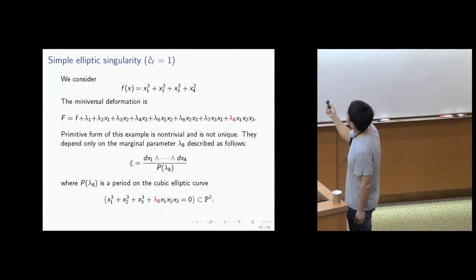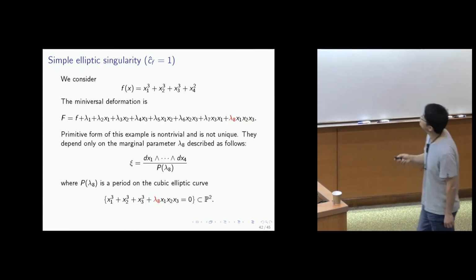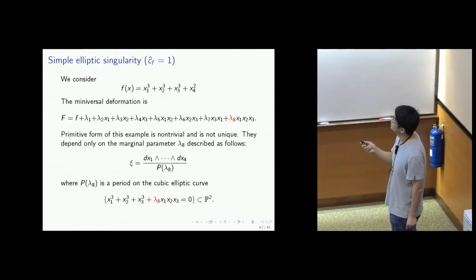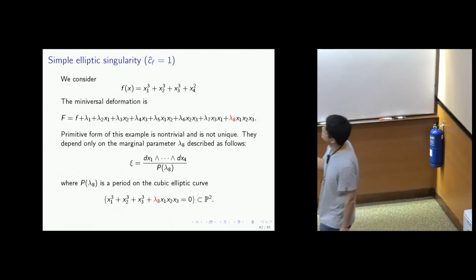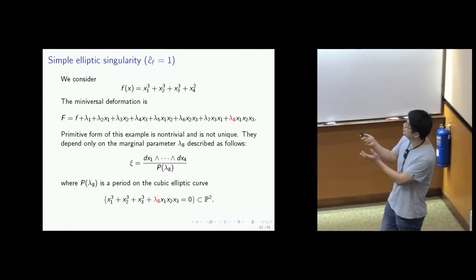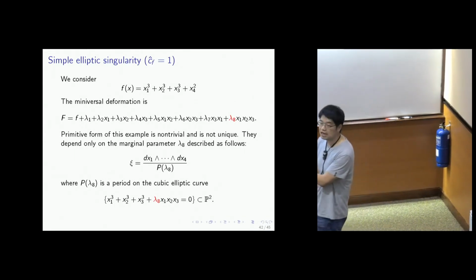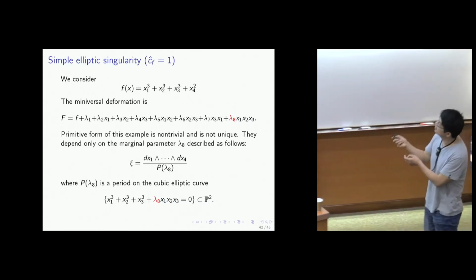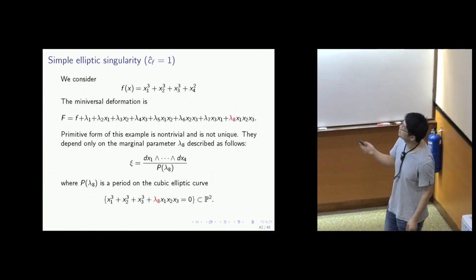This is defined by this marginal deformation. And then this is actually the primitive form in this example. You pick any period, and this works. And this example shows that the form you have to insert to describe the Seiberg-Witten solution is really non-trivial; it depends on the choice of this parameter.